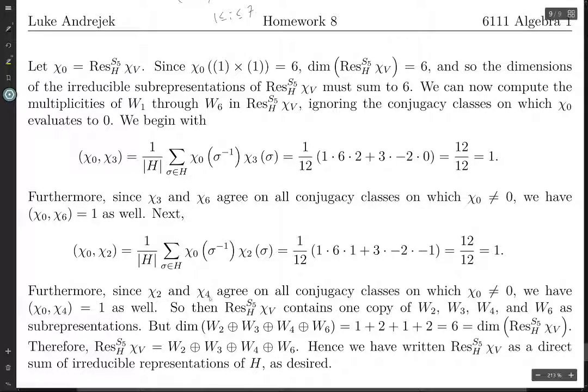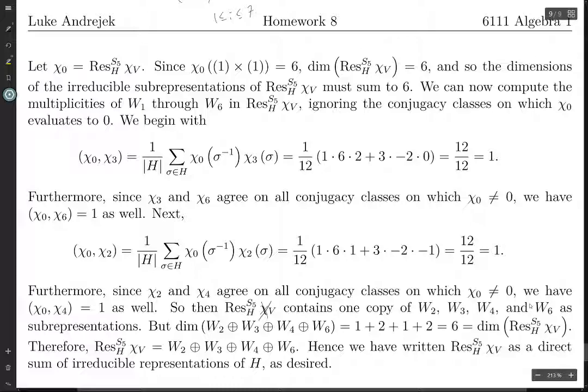All right. So this restricted representation contains one copy of each of the representations W2, W3, W4, and W6. I guess I should have written either chi V contains one copy of chi2, chi3, chi4, chi6, or I should have removed the chi here and kept these as W's.